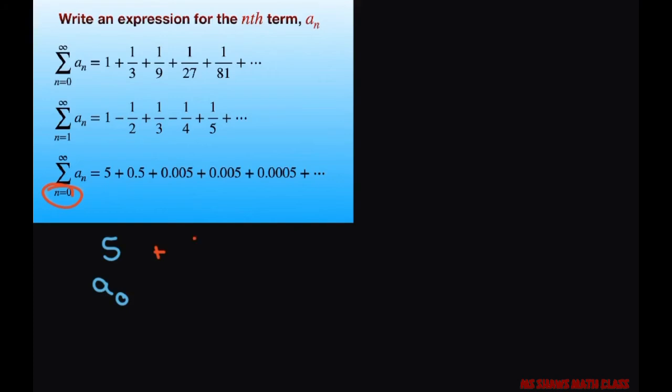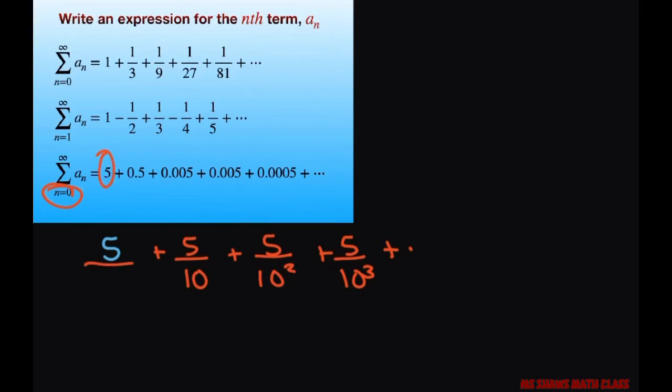This is going to be 5 divided by 10 plus 5 divided by 10 squared plus 5 divided by 10 cubed plus dot dot dot, and so on. I can also write this as 5 over, and this first one, I always like to do the first one last, 10 to the 0 power, because 10 to the 0 power is 1.